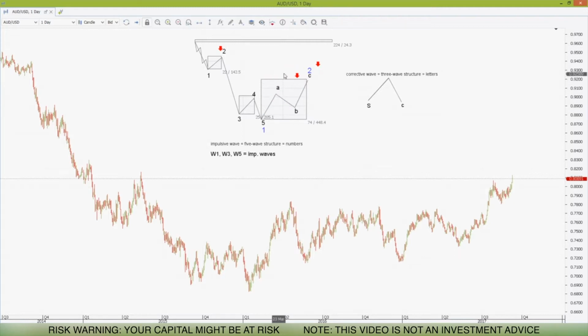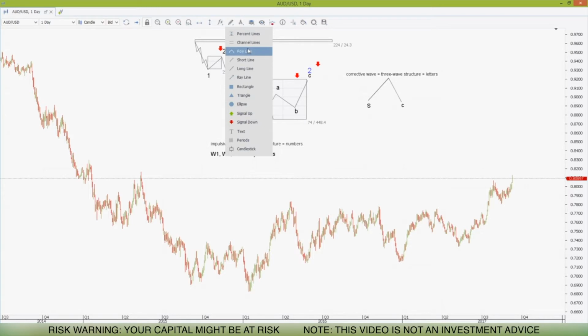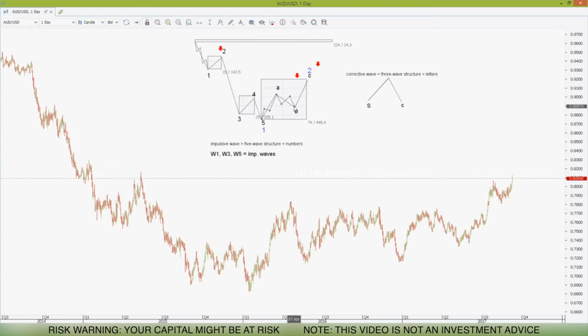So the overall correction here, this ABC, will have A, B, C of a lower degree, corrected by A, B, C of a lower degree, and then the C wave will be a 1, 2, 3, 4, 5. This is called a flat. But this is just an option that we have. There are so many options and opportunities.